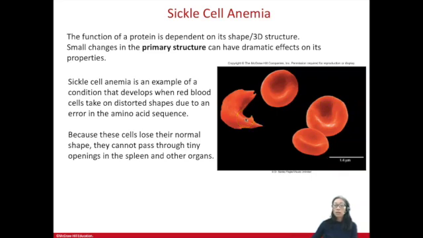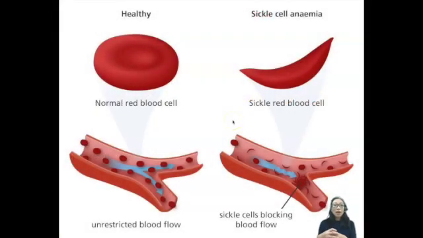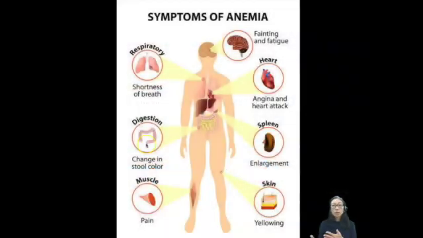When those hemoglobins have this mutation of one amino acid difference, these sickle cells will clump up in the blood, and this does not allow the blood to flow normally through tiny openings in the spleen or other organs. The end result of the disease is low oxygen, low blood supply, and anemia. The definition of anemia is low blood supply to various parts of the body.